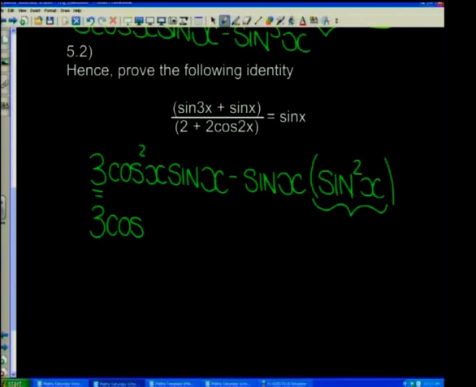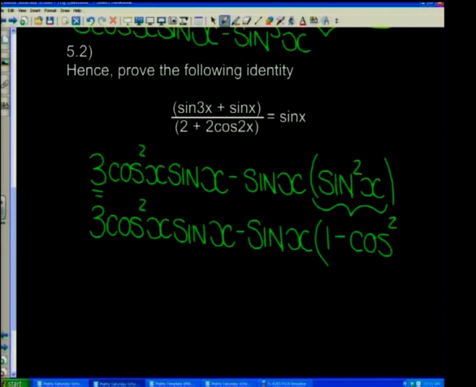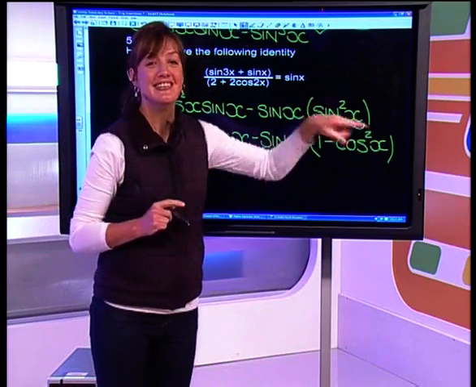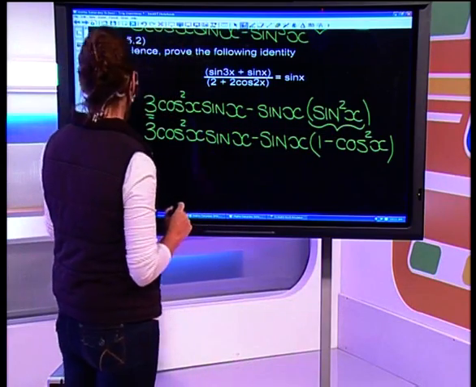It's 3 cos squared x sine x, and I've got minus sine x. And have you got it? Do you know what the identity is? It's going to be 1 minus cos squared x. Okay, well done. Hope you got that. Okay, and what we're going to do, this is a nice complicated example, we're going to distribute our sine into the bracket.